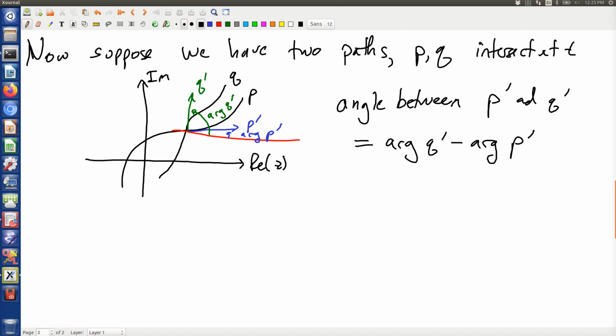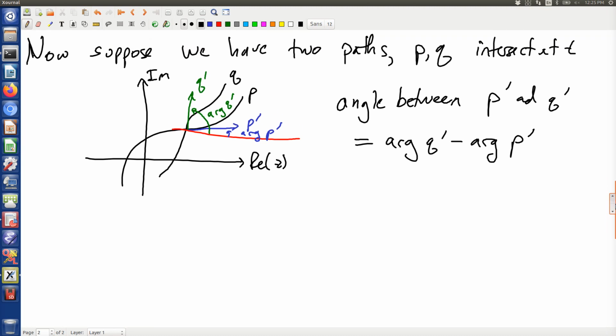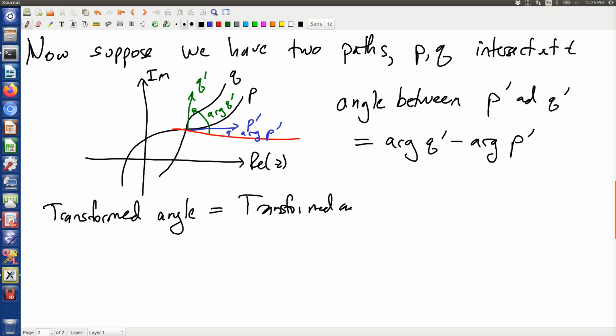And that's it. So what happens to the transformed angle between these two curves? Well, it's the transformed angle of P prime minus the transformed angle for Q prime.